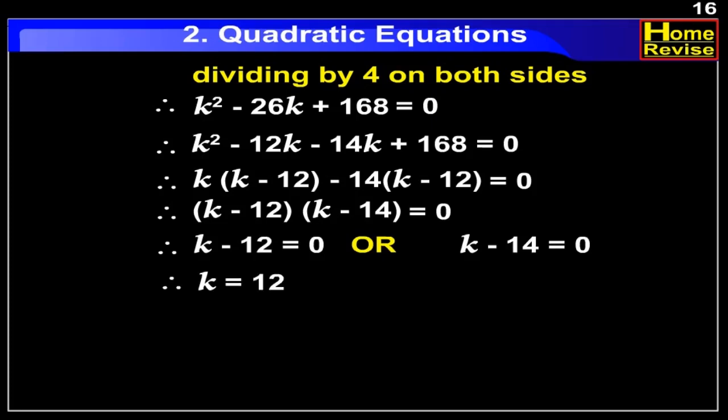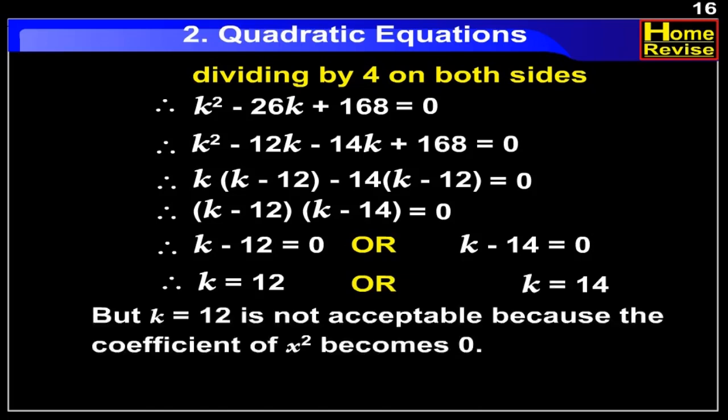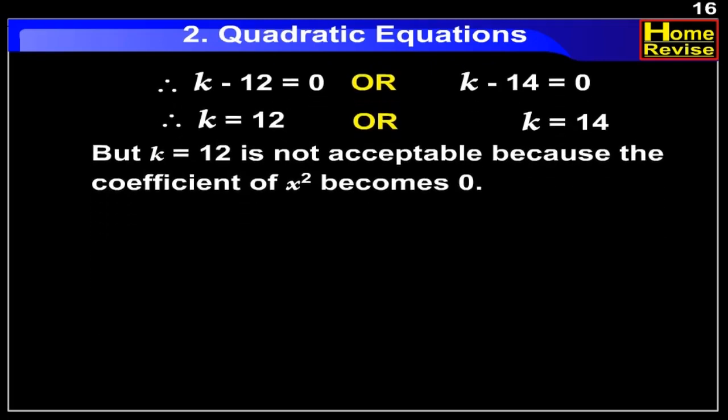Therefore, k is equal to 12 or k is equal to 14. But k is equal to 12 is not acceptable because the coefficient of x square becomes 0. Hence, k is equal to 14.